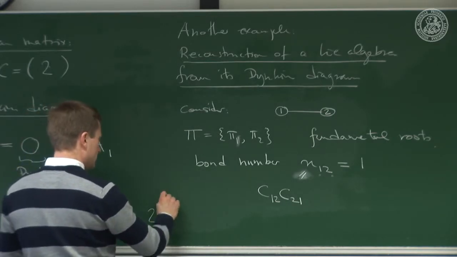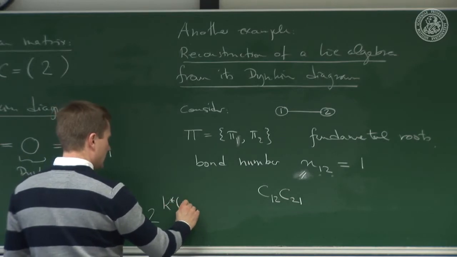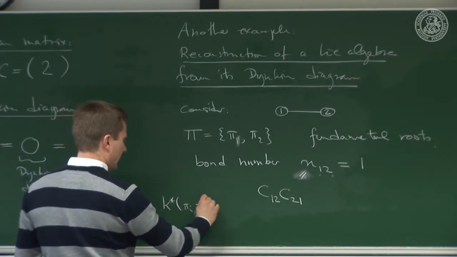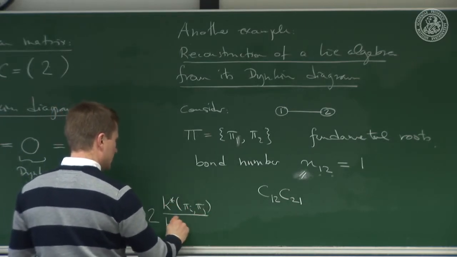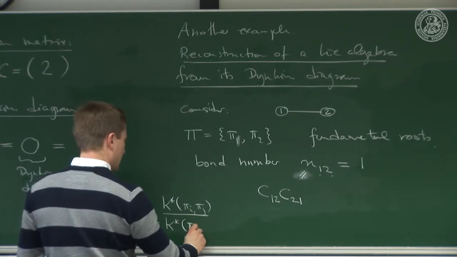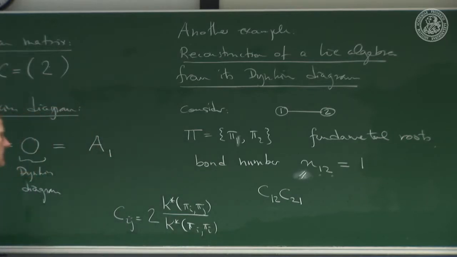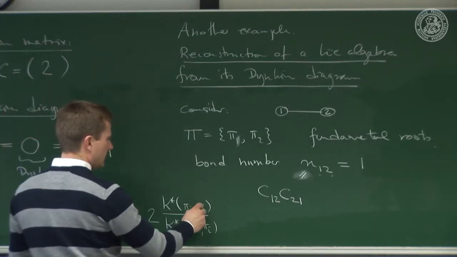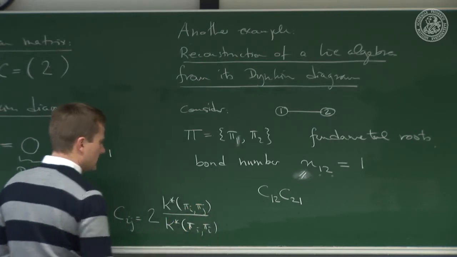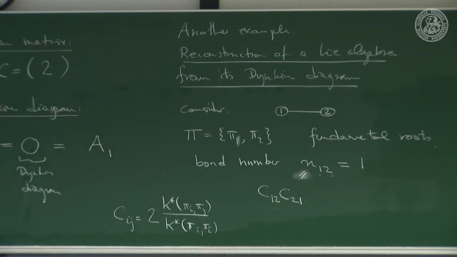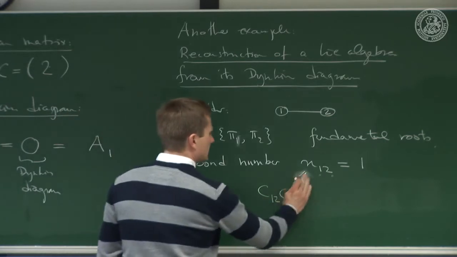Cij was 2 times k star of pi_i pi_j over k star of pi_i pi_i. You see it's linear in the j, but the pi_i appears 3 times, so it's definitely not linear.